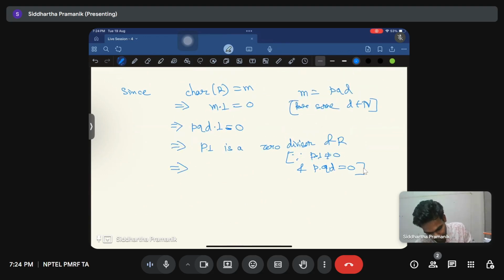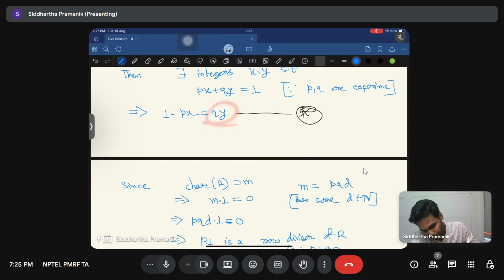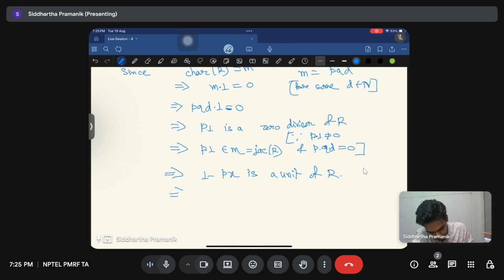So that will imply p times 1 is a non-unit. So p times 1 must be in the maximal ideal. And here we have only one maximal ideal. This has to be the Jacobson radical of the ring R. So that will imply 1 minus px is a unit of R. But 1 minus px equals qy. This implies qy is a unit of R. But that will imply q is a unit of R.